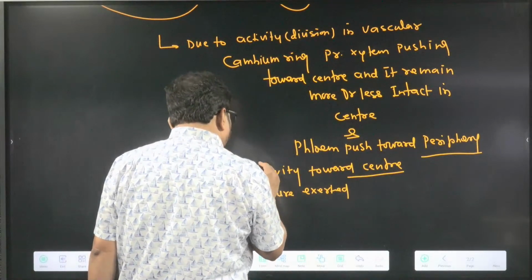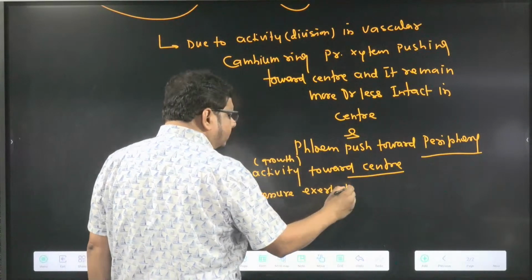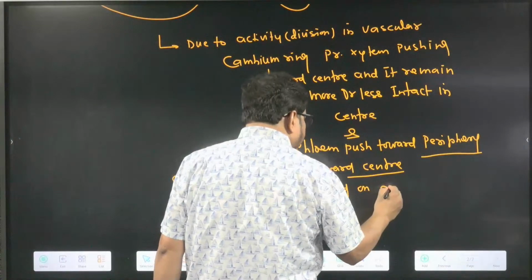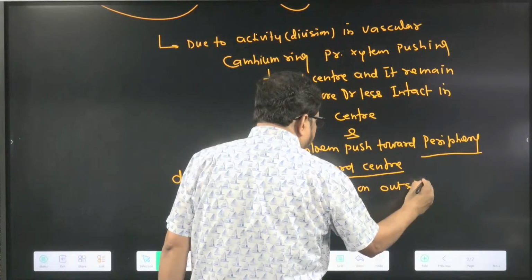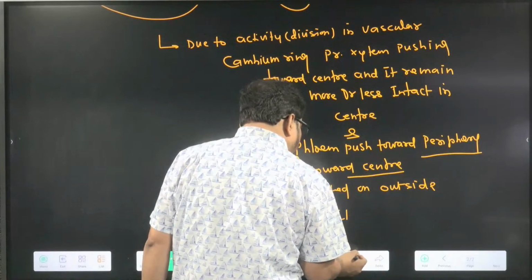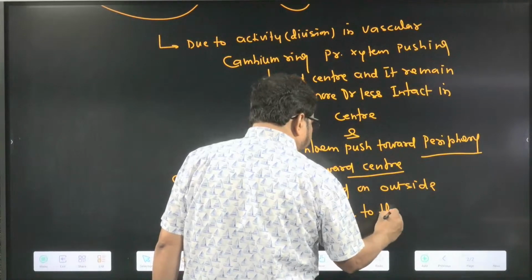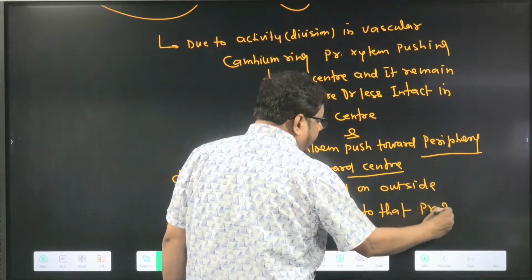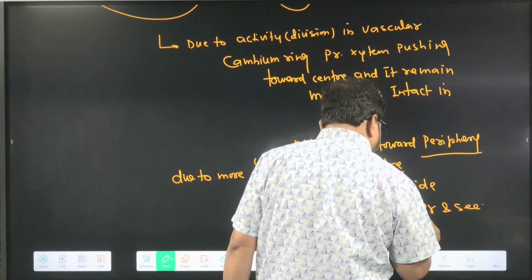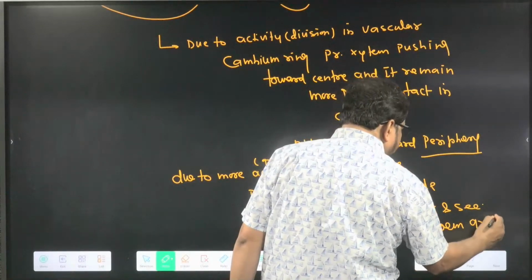More activity, more growth toward inside, pressure exerted on outside, it results in, and due to that, the primary and secondary phloem are gradually crushed.